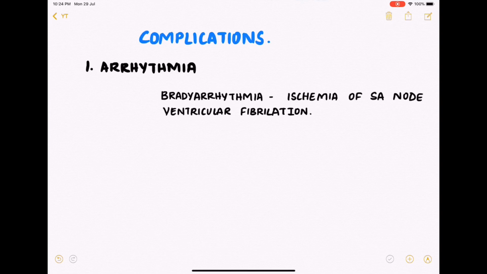Very commonly we see bradyarrhythmia when there is ischemia of the SA node. And ventricular fibrillation, it is a cause of mortality in a good percentage of patients with heart attack. We see arrhythmias here that is because of the very simple fact that damage to the myocardium brings about conduction errors.